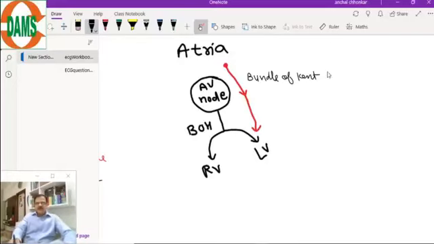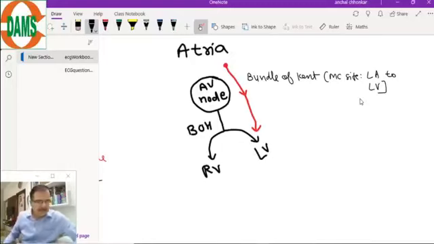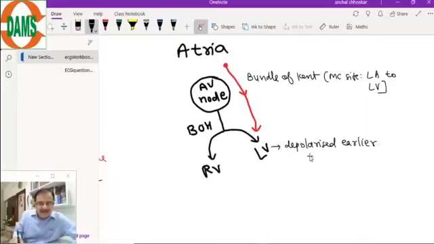This bundle of Kent, the most common site is left atrium to left ventricle. The bundle of His is also bypassed. So what difference will be there? Remember, the left ventricle will be depolarized earlier, then the right ventricle.